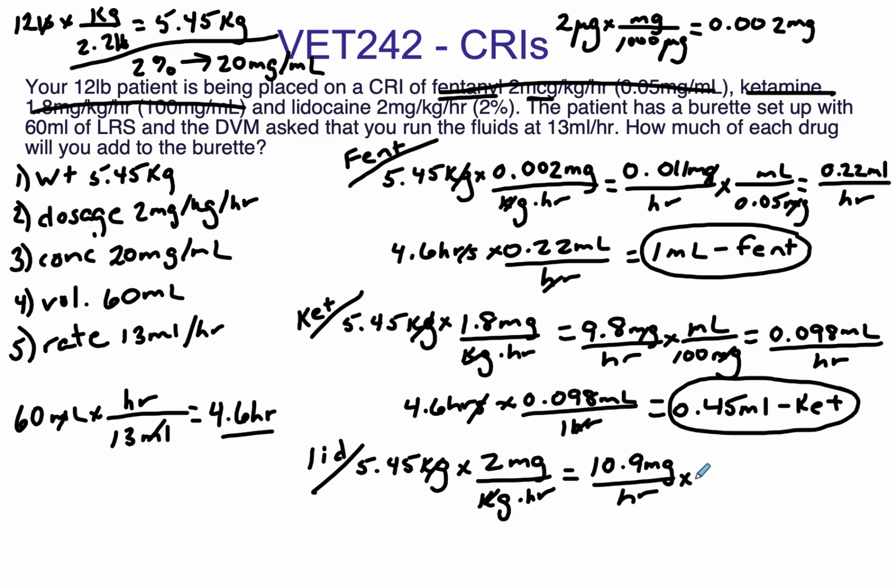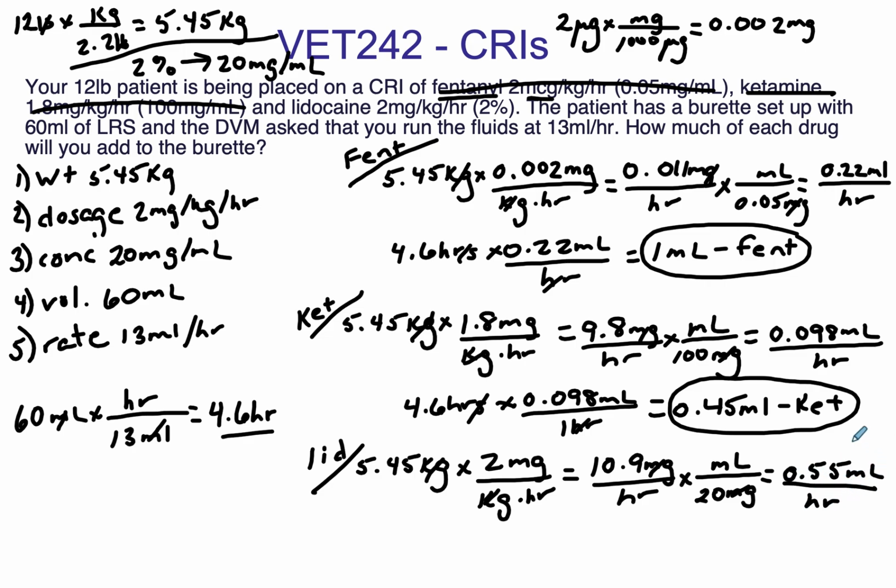Can't use milligrams because it's an injection, so we need to apply that concentration, 20 milligrams per mil. Milligrams are going to cancel. 10.9 divided by 20. I did it wrong. 10.9 divided by 20 is 0.545. I'm going to round that to 0.55 mils per hour.